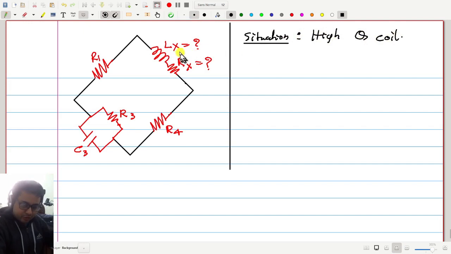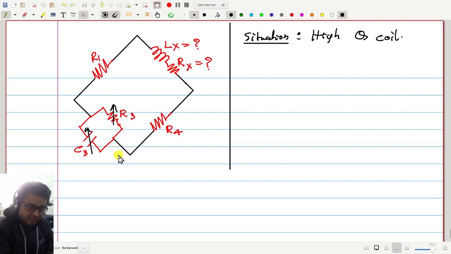Achha. If the coil has a high quality factor, then this resistance is much smaller compared to L. Then can you tell me, at balance, for which you will need some value of C3 and R3, what will be the value of R3?